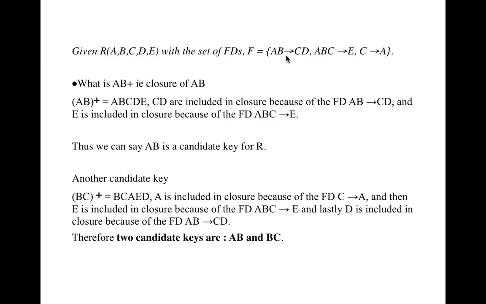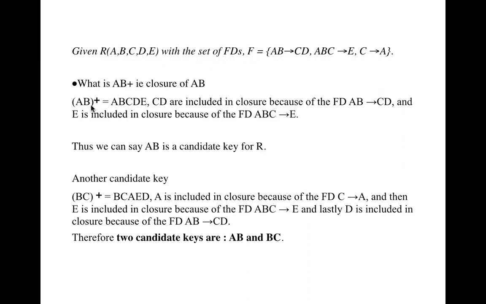So now AB closure becomes ABCDE. Now taking the next functional dependency given, C gives A. So C is already there in the closure, we may add A, but A is already there in the closure, so we need not add that again.